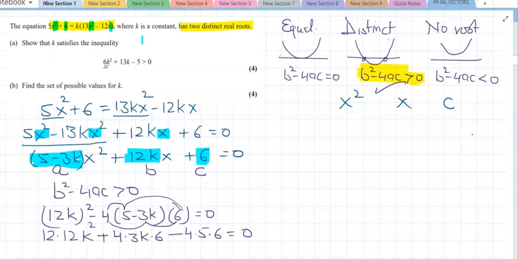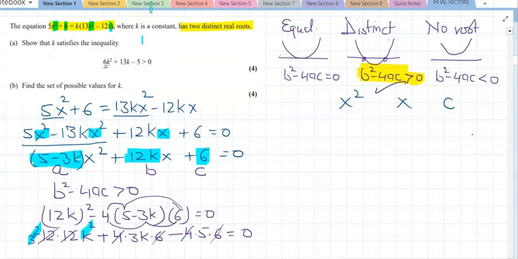Now we can see that every term is having 6, so we can cancel 6. We can cancel 4 here. You can open it and divide it also, there's no problem.